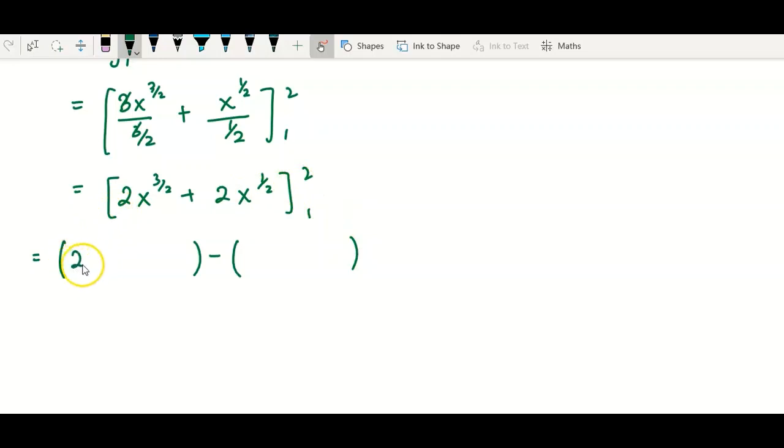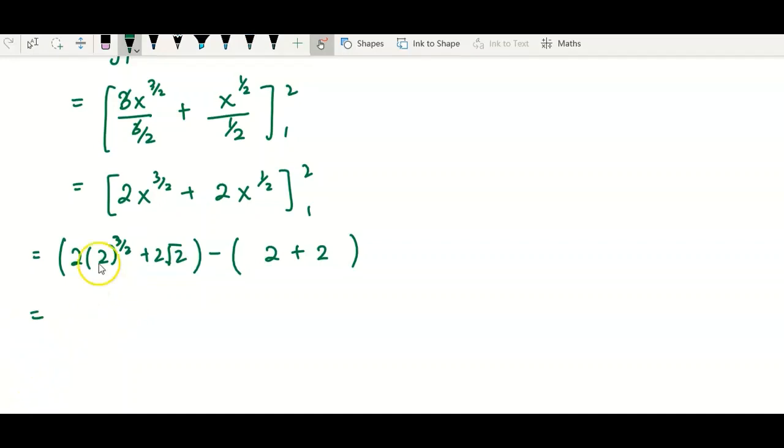Substitute 2 inside, you have a 2 power of 3 over 2, plus 2 square root of 2. Okay, because the power of 1 over 2 means a square root. And then substitute the lower limit, you have 2 plus 2. Okay, just use the calculator to assist you.